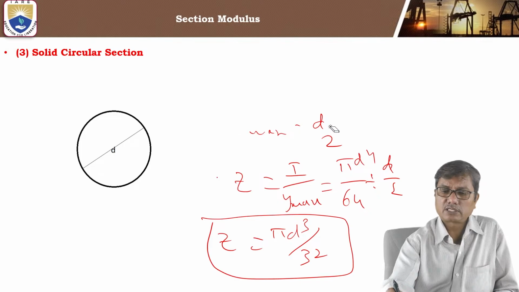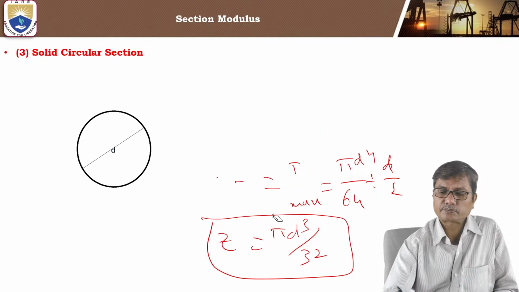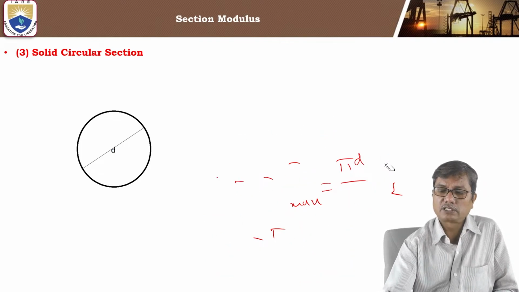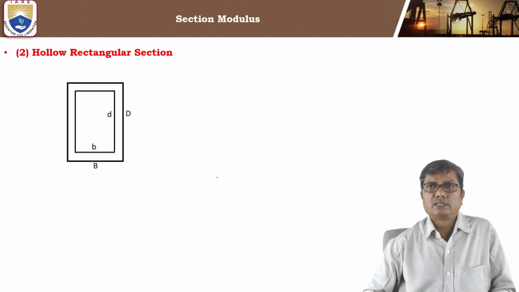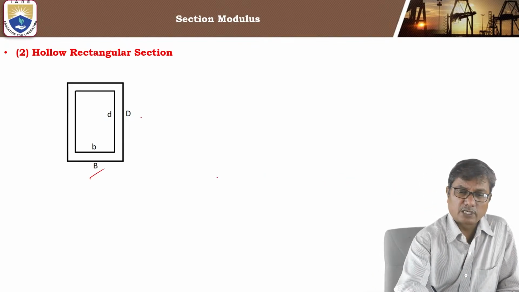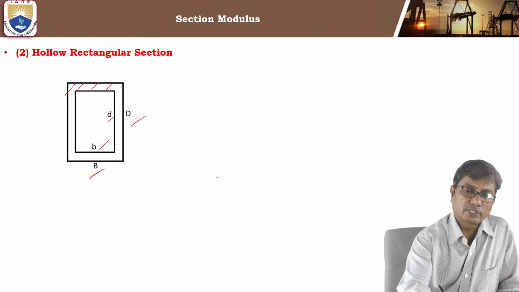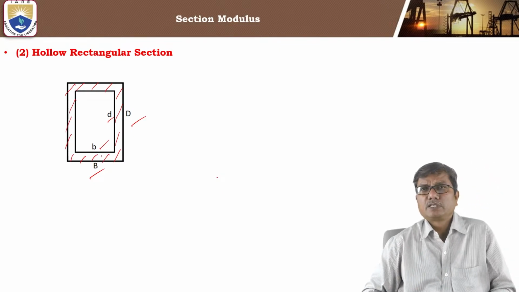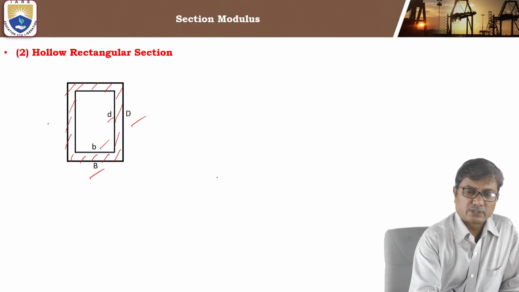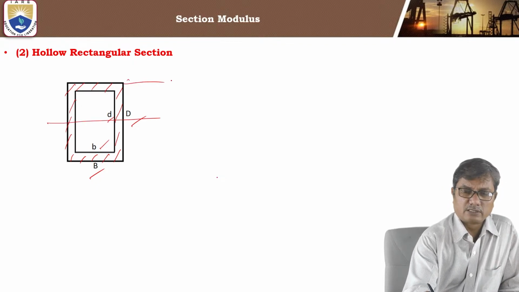Next, a hollow rectangular section with external dimensions capital B, capital D, and internal dimensions small b, small d. This is also symmetrical with extreme fiber distance being capital D by 2.